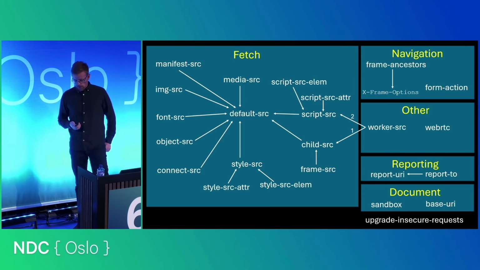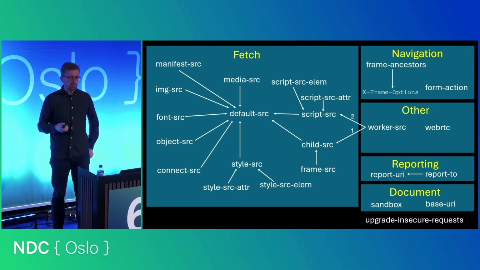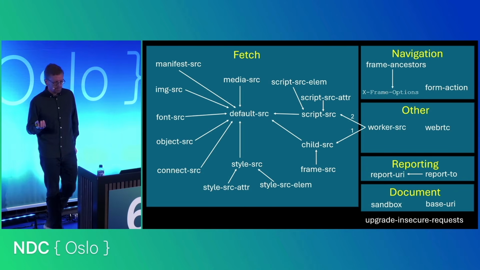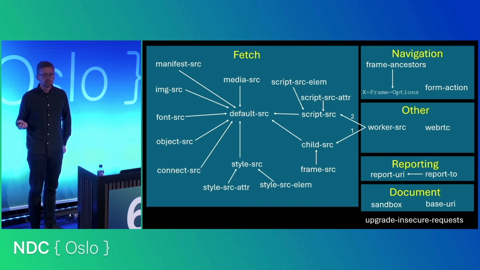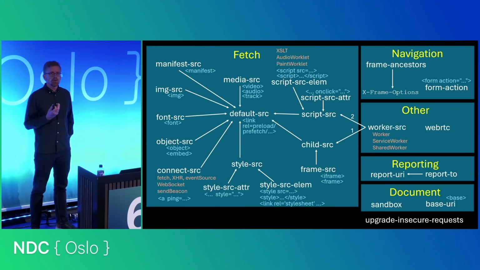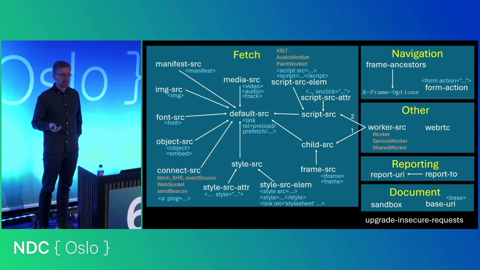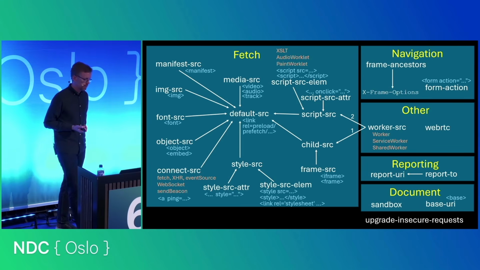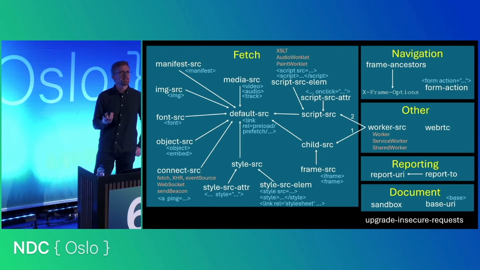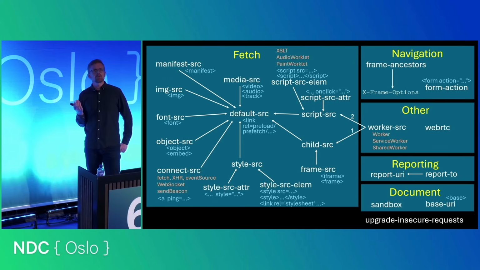So you might ask, so what do all these different directives control? Here you can see all the tags and all the script constructs that are governed by the different directives. And you might be forward thinking and say, okay, so what if there's something new?